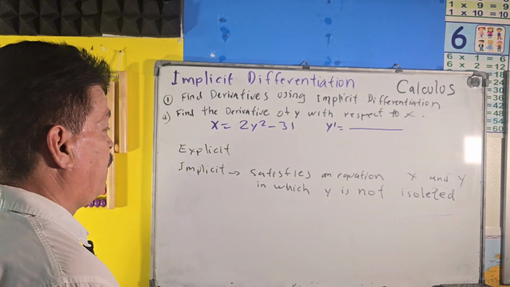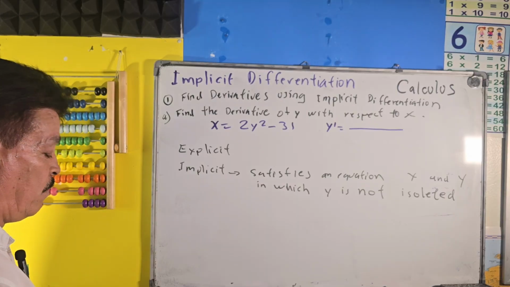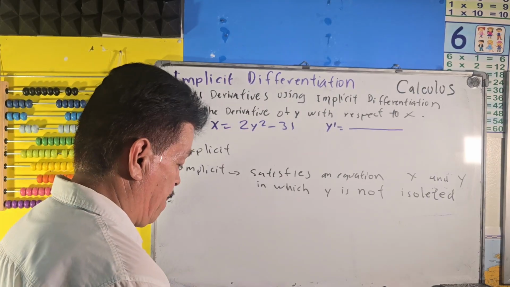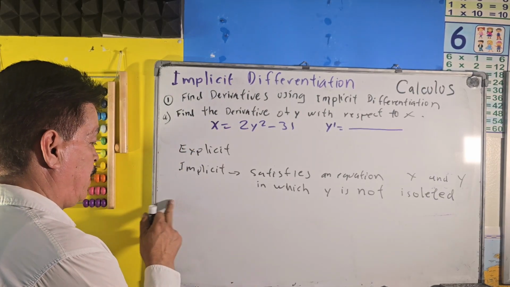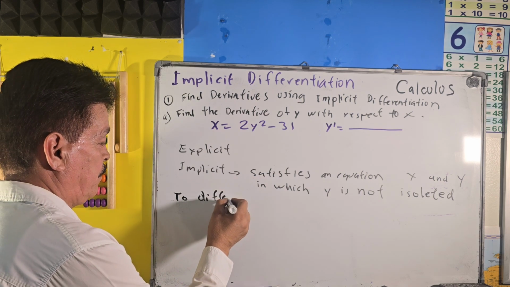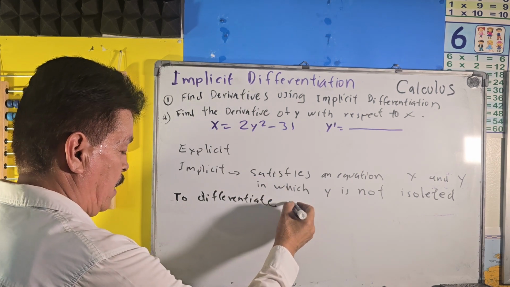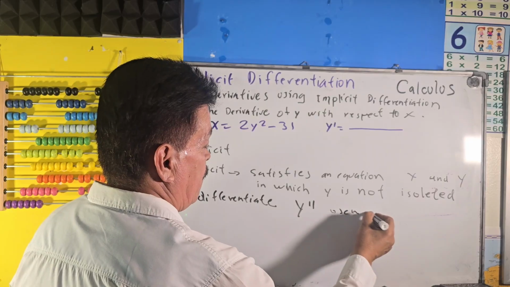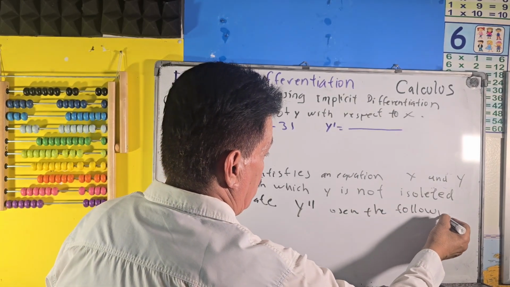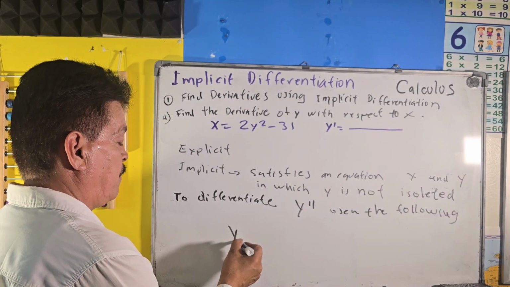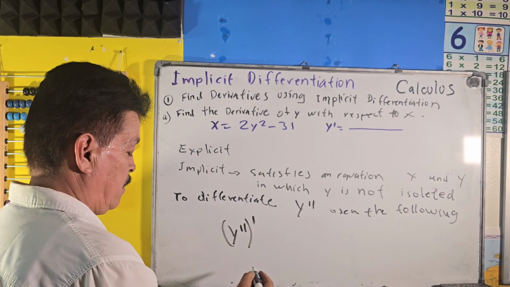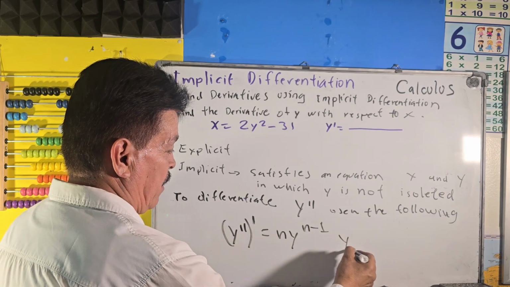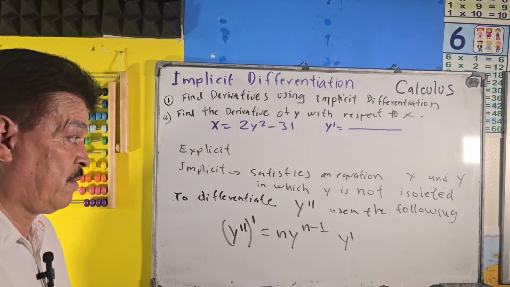When you solve for y prime, we have to use this formula: the derivative of y to the n equals n y to the n minus 1 times y prime. So this is the formula that we have to use, all right?